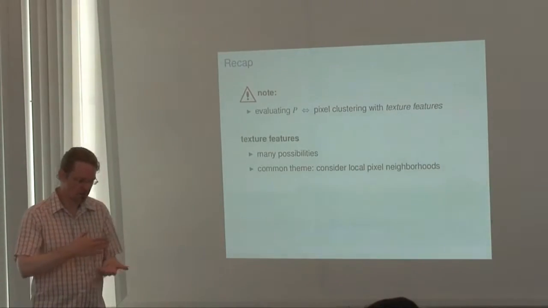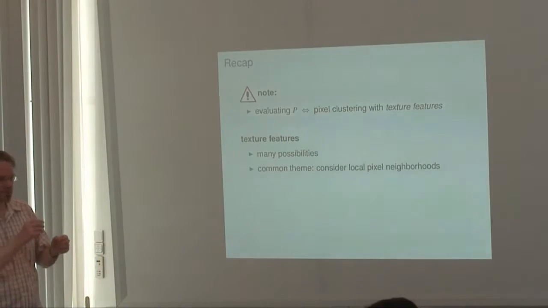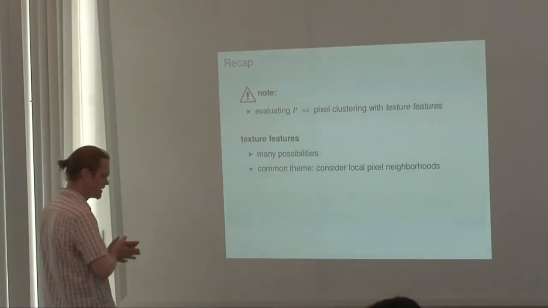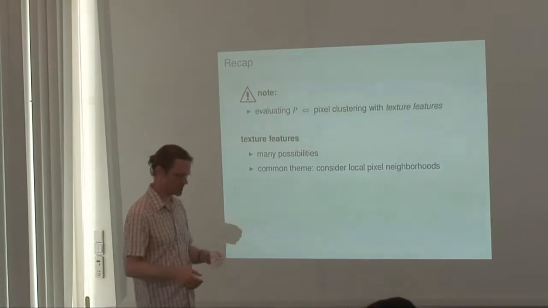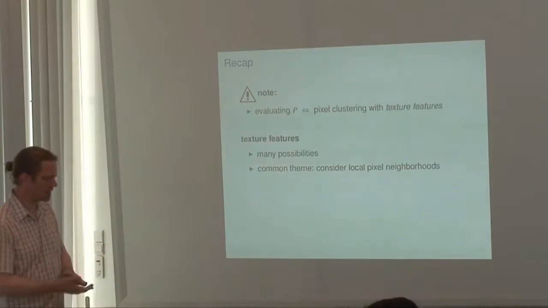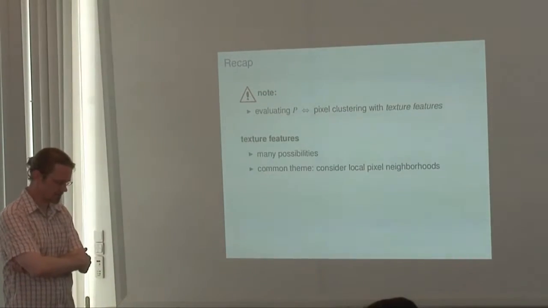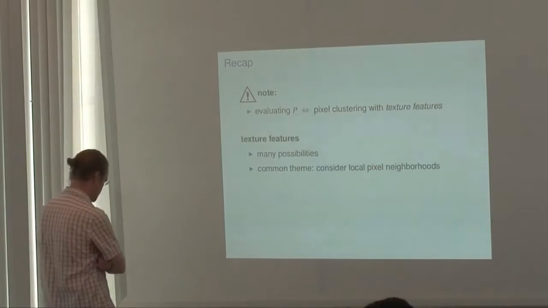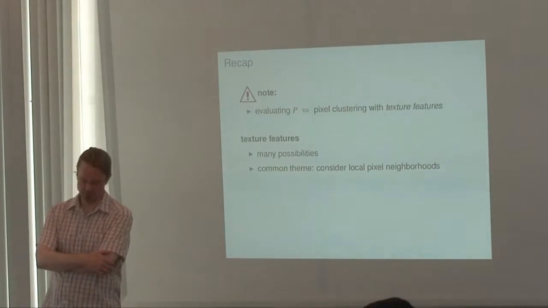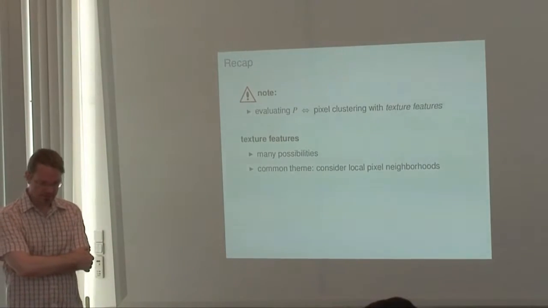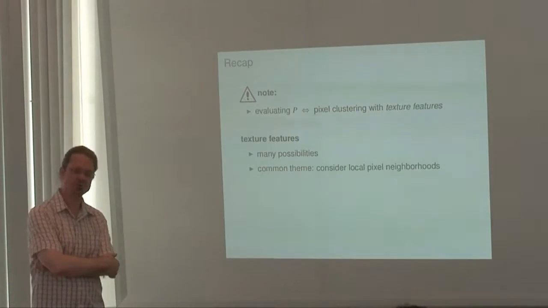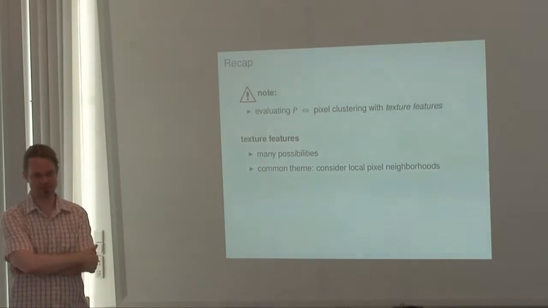We could actually compute the SIFT feature vector at every pixel in an image, not just at certain key points, and then use these SIFT feature vectors to cluster pixels into coherent regions. There are others, famous histograms of oriented gradients. There are so many I can't remember all their names now, but what they all have in common is that in order to be a texture feature, they have to be computed from more than a single pixel.